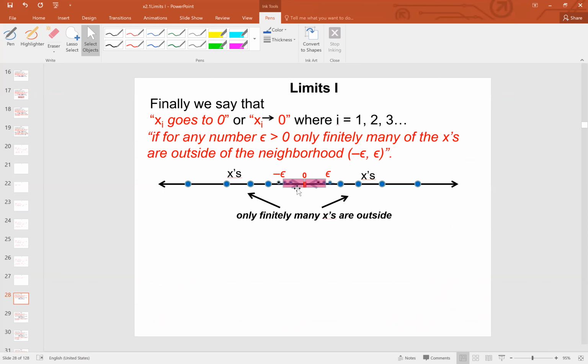Only finitely many can be outside. If such is the case, then this sequence is going to 0. That is what we meant by going to 0.